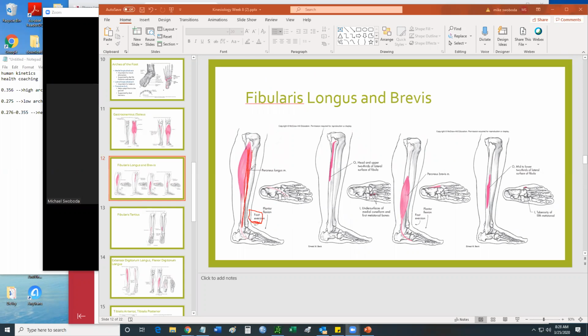Because this is on the lateral leg, it's going to move your foot to the lateral side. So it moves your foot towards your pinky. If you are just sitting straight, like with your feet on the ground, and you move your ankle outward, so you try to push your foot away from you, that is eversion. So fibularis or peroneus, eversion, away from your body.